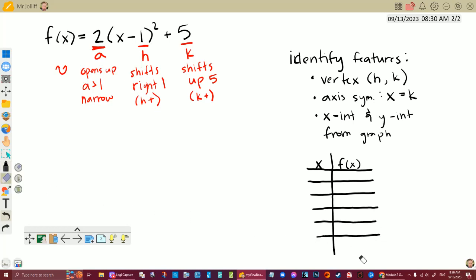So in this case, if you've got a table with 5 rows, 1, 2, 3, 4, 5, we want the vertex in the middle so that we get both sides of the U. So for example, if I'm trying to graph this equation over here, I want 1, 5 in the middle of that table. My x's would then be numbers on either side. So 0 and -1, 2 and 3. You don't have to do this, but it is going to make graphing easier because it'll show you both sides of the parabola.